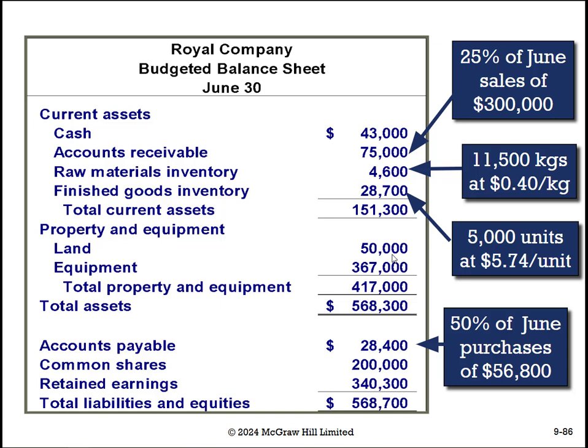We have land from the previous screen, as well as equipment, plus what we purchased from our cash budget to give us our total assets. We have the outstanding amounts of purchases from June, as well as what we were told for the common shares and retained earnings. And then we do a little celebration once we balance.